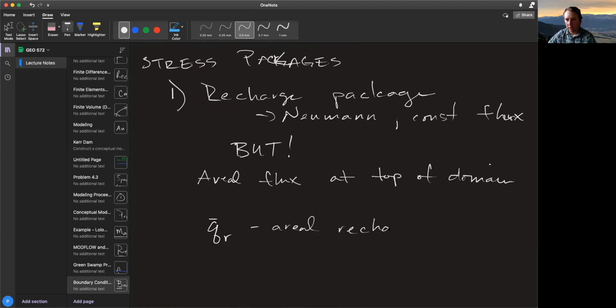And this can be constant over the whole domain. We can change it spatially. We can define it for each cell at the top of the domain, but it is always constant for a stress period. All right, and we define the flux, and the unit of that is length per time.